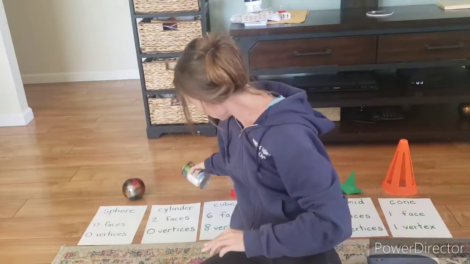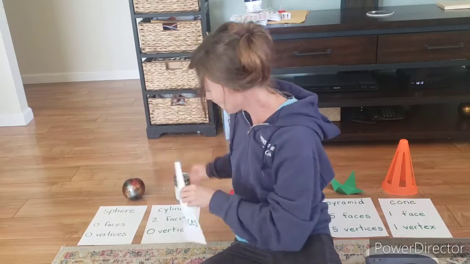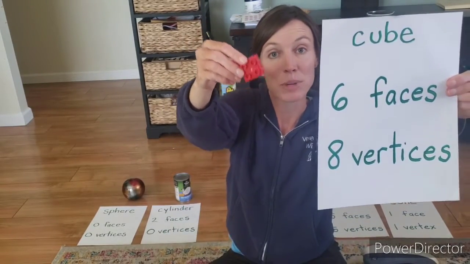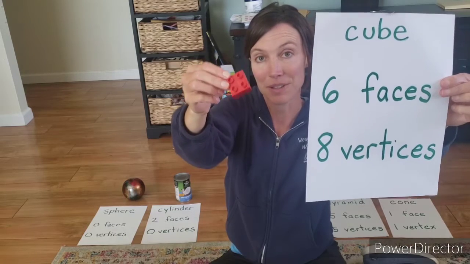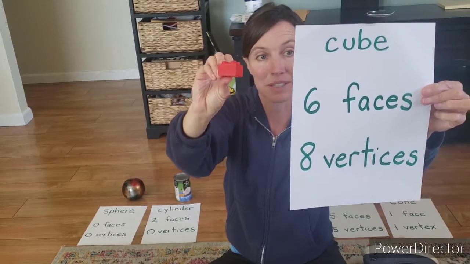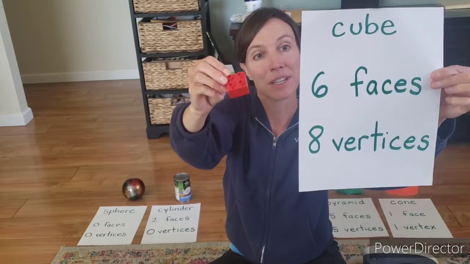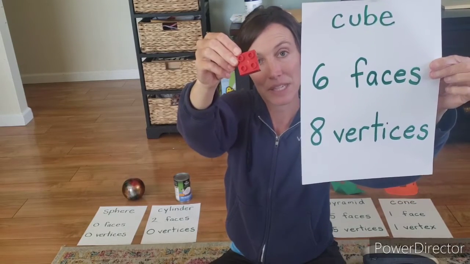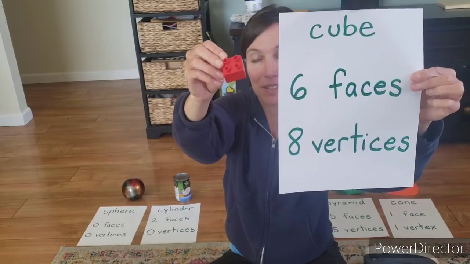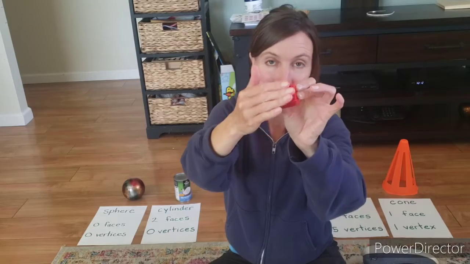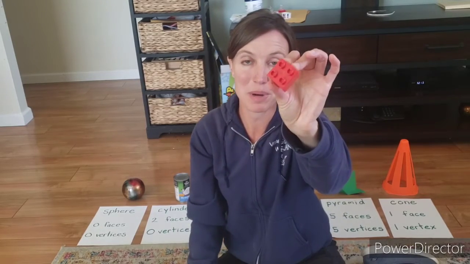The next one that we're going to talk about is a cube. And a cube can be a Lego, but you need to make sure it's a square Lego, okay? Because a cube is all squares. So this is just an even square, one of Nellie's Legos, and it has 6 faces and 8 vertices, okay? So faces are the flat parts, and we're going to imagine that this part is flat too, the part with the Lego bumps on it.